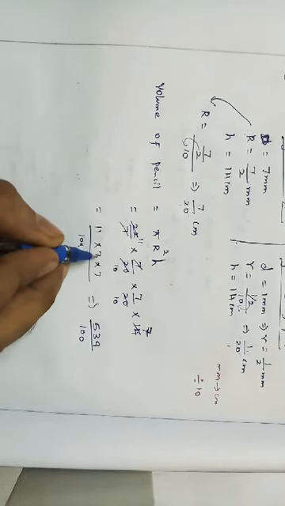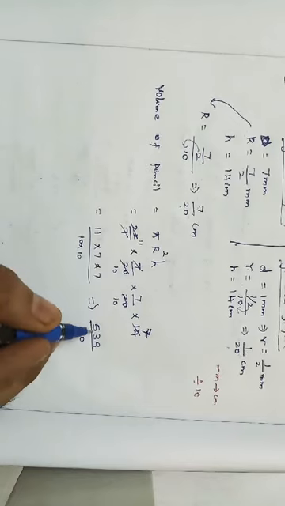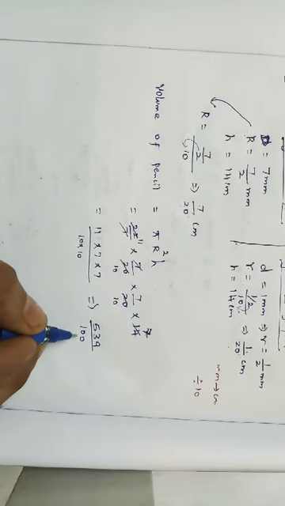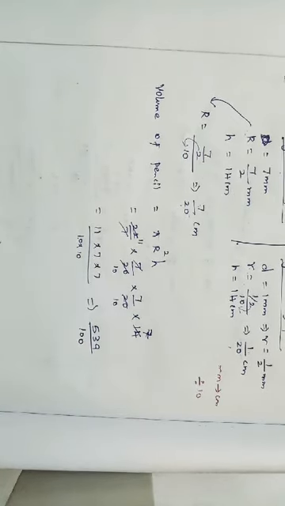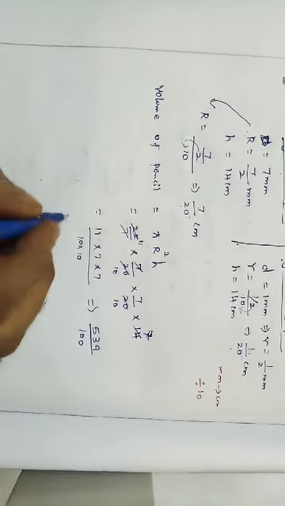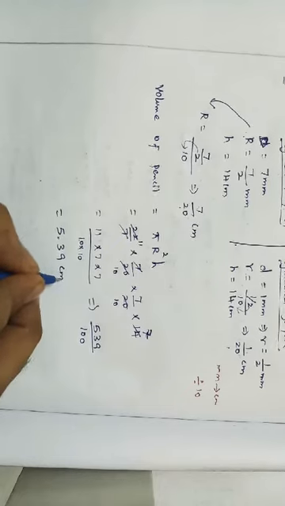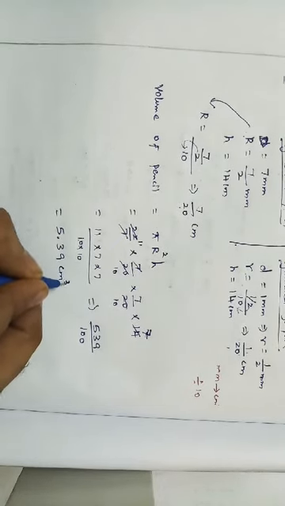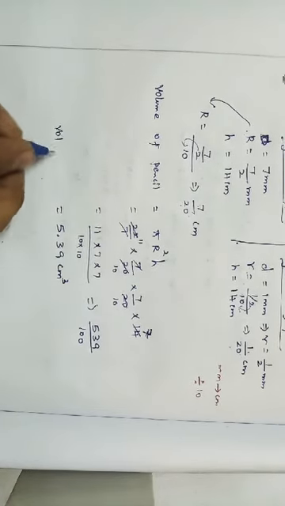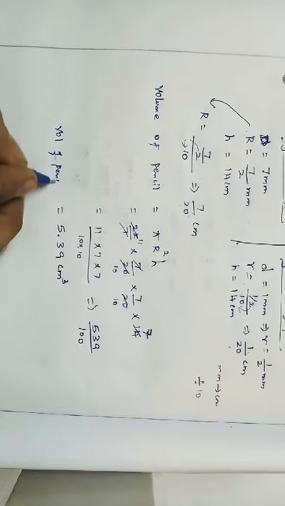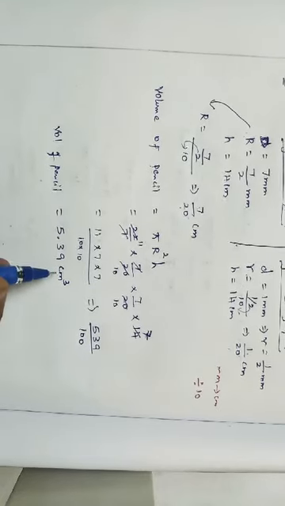We divide by 100, so two digits before we put a point. So it is equal to 5.39 centimeter cube. So volume of pencil is equal to 5.39 centimeter cube.